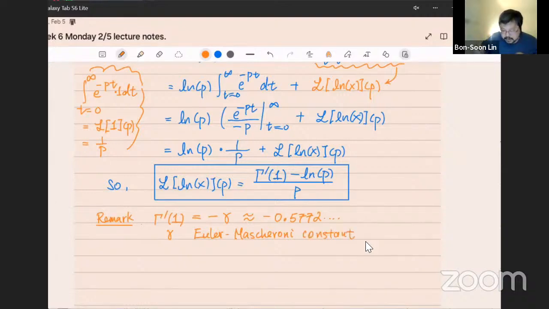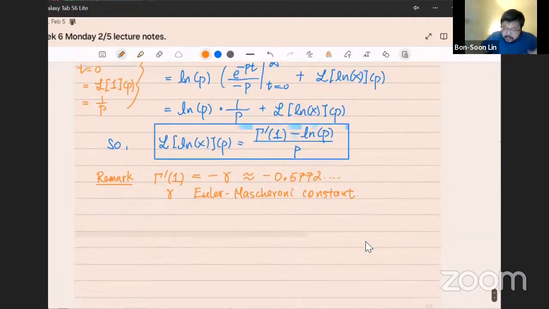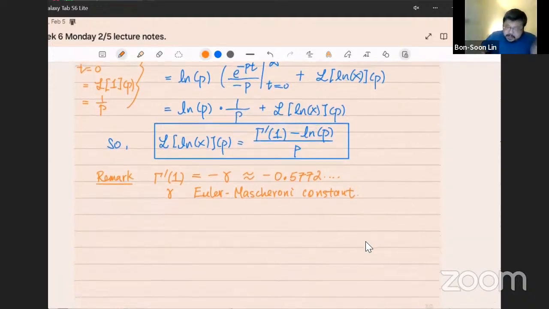Sometimes children like to call it the Euler-Macaroni constant, but it's the Euler-Mascheroni constant. And Euler himself calculated, I don't know, maybe like 10 places of this number. I'm not so sure. And later people tried to calculate more and more of this number. And this number, we know almost nothing about. Well, not really. We do know a lot of things about it. We also don't know a lot of things about it.